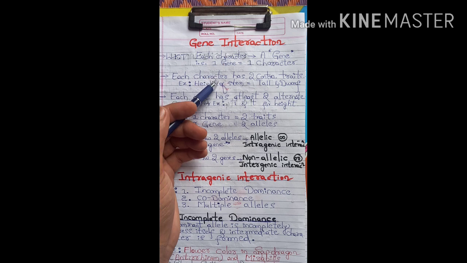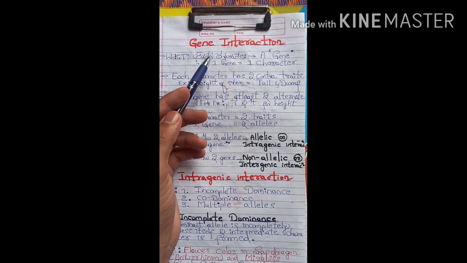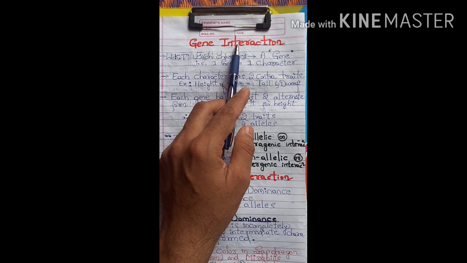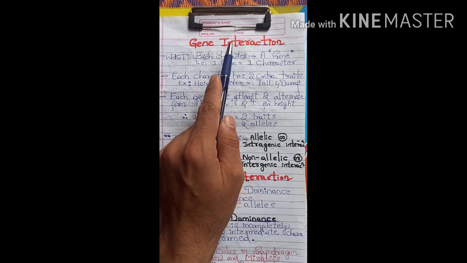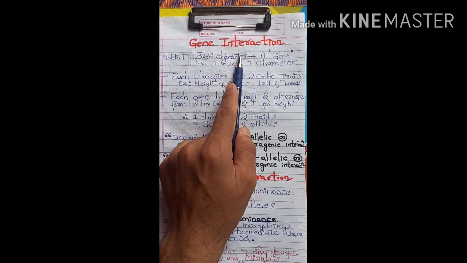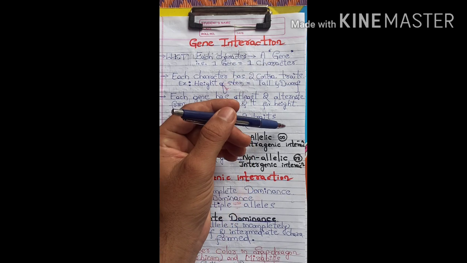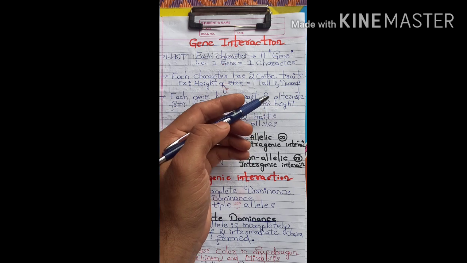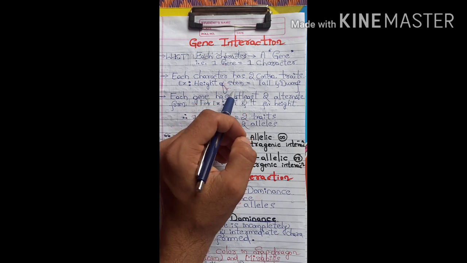I am Salim. Today we are going to study another important topic, that is gene interaction. Before going to gene interaction, we know that it falls under the category of genetics, the branch of biology that deals with the study of inheritance and variation, and Mendel is the father of genetics.